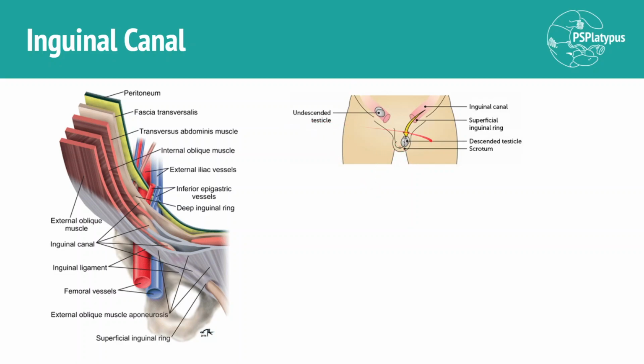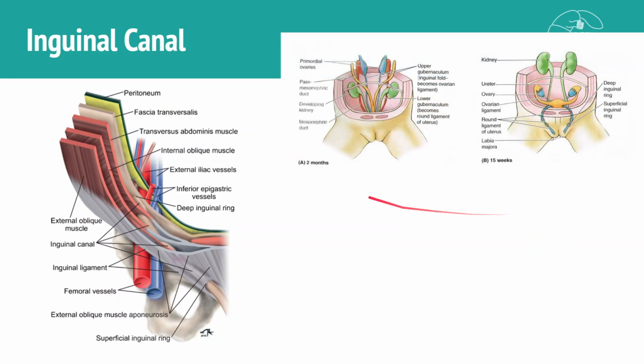We can get undescended testicles like this, which leads to increased risk of things like cancer later on. Like I mentioned, undifferentiated gonad, because it's the same process if you have an ovary. Basically it just descends downwards, pulled down by what we call the gubernaculum, and then it becomes this formation here.